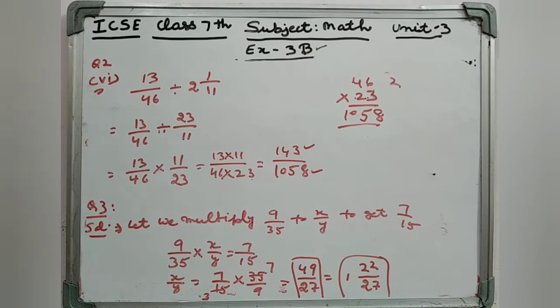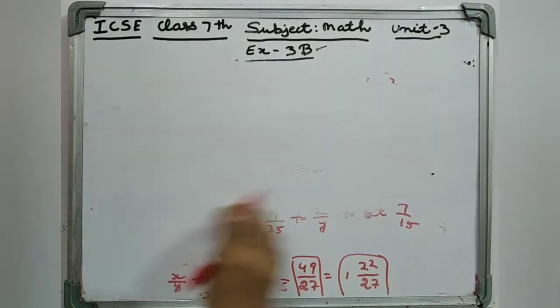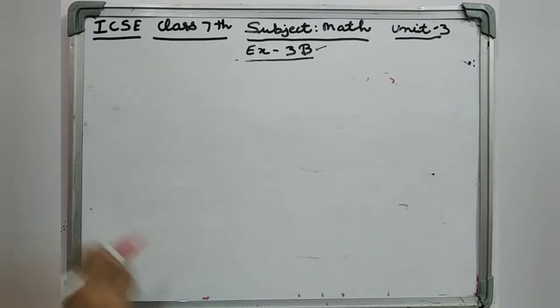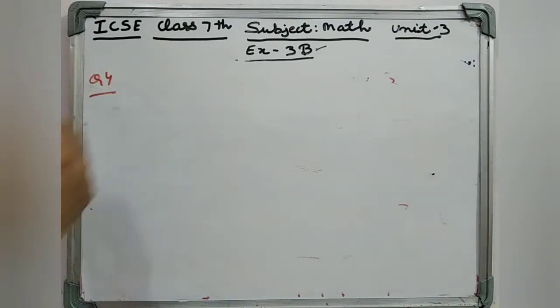Now we will move on to question number 4. Question number 4 is, if the cost of 6 1 by 4 meter of a cloth is this, then find the cost of 1 meter of that cloth.